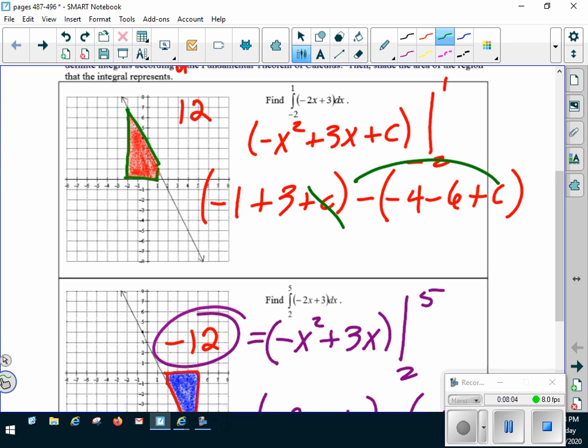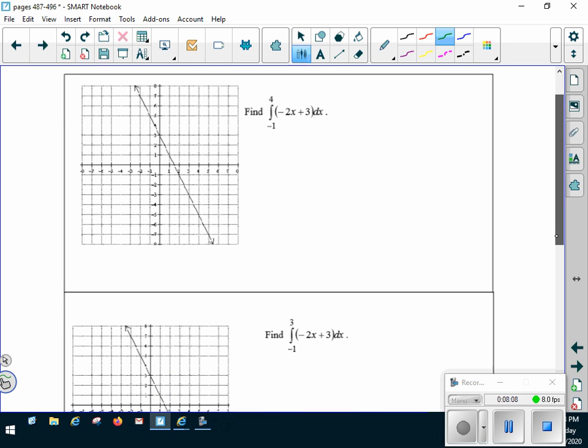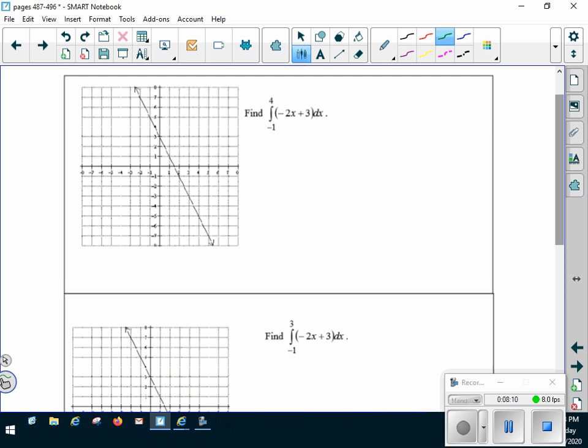All right, next page. Now what I want you to do, we're not going to actually calculate the area using rectangles and trapezoids, but I want us to draw the area so you can be aware of what you are finding the area of.